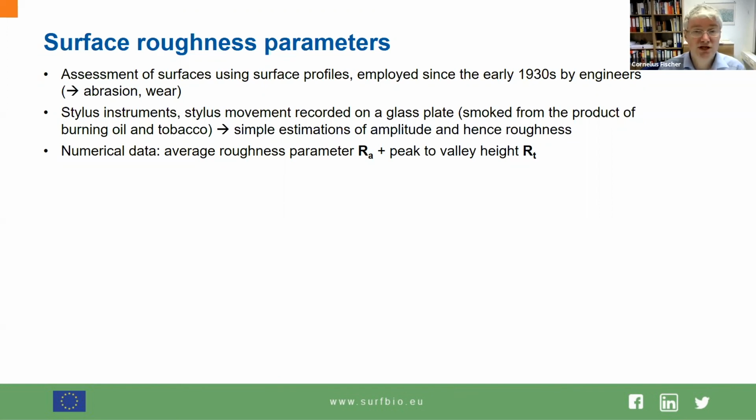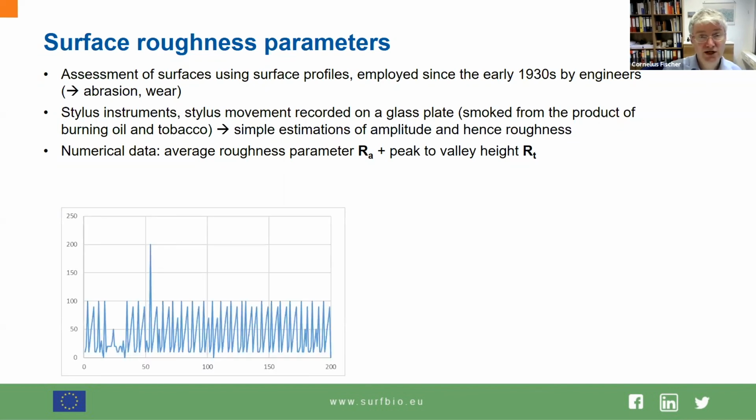And from these data sets, you can quantify amplitude distribution, and you come up with a statistical treatment of these curves. Here's an example. The most commonly used roughness parameter is the average roughness parameter, RA, and it's quite often compared to the peak valley distance, RT. So here's a profile of a rough surface, and there are no dimensions shown here.